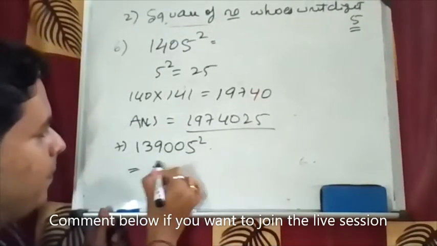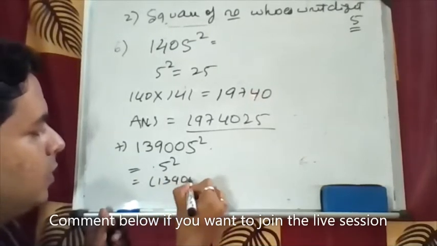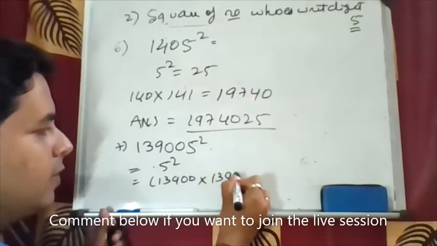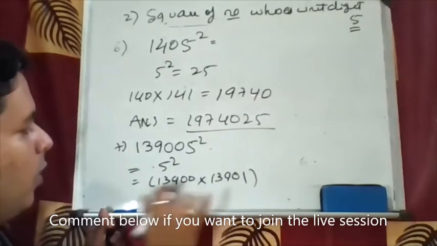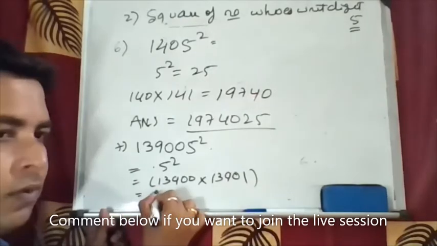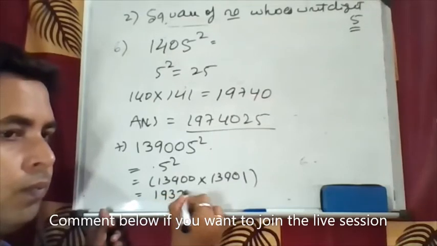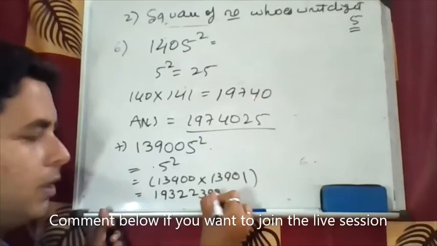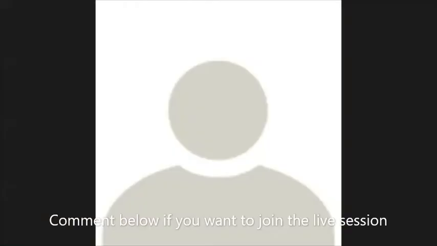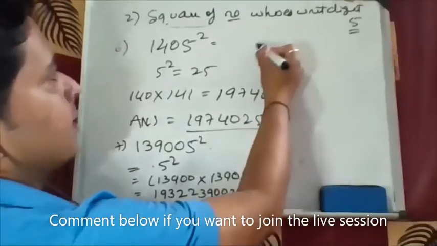So take 5 square as the first step, and next take 13900 into 13901. Okay, 13901. So you will get a total answer of 1932390025.